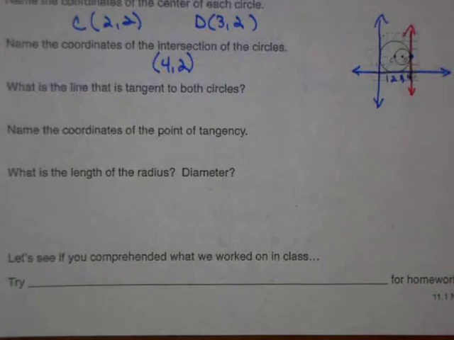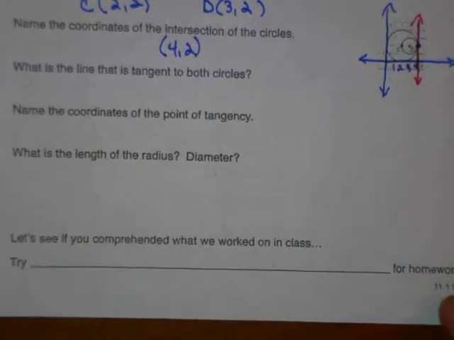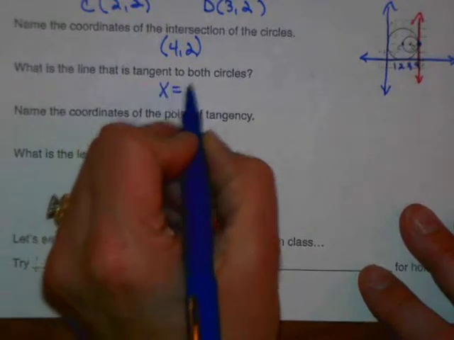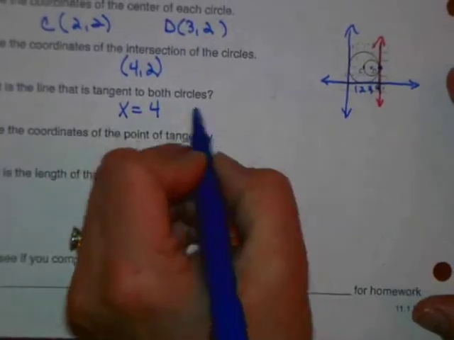Okay, this is a vertical line. How do you write the equation of a vertical line? Does anybody remember? It's x equals 4, and I'm going to tell you why. I want you to write it down.